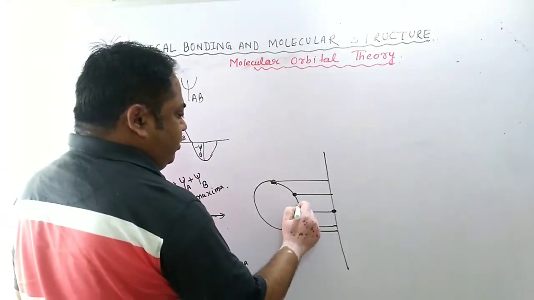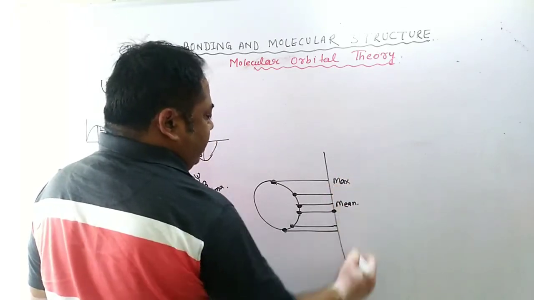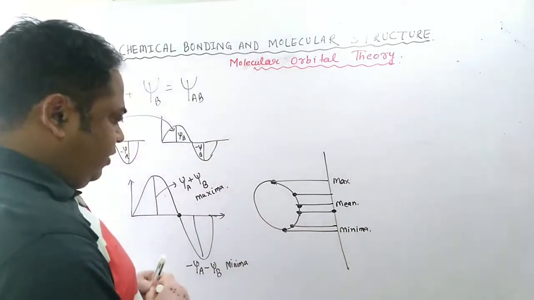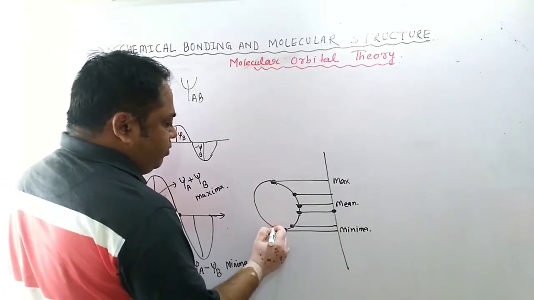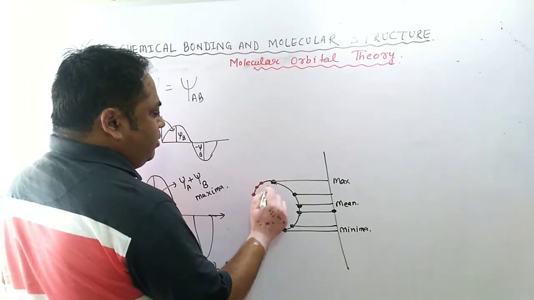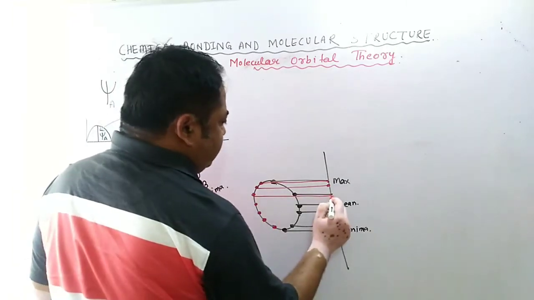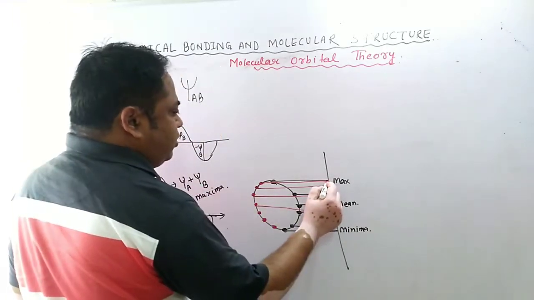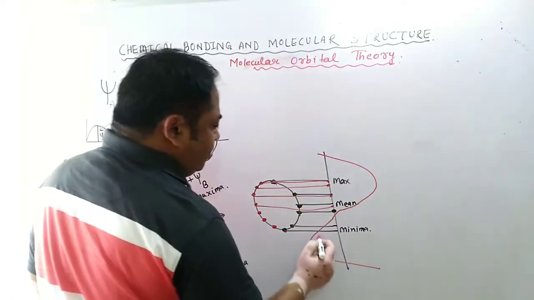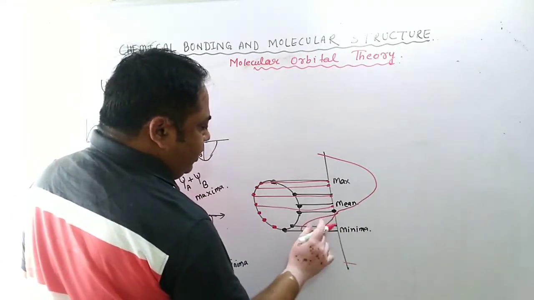So if it is the mean point, and it is maxima, and if it is minima, you will find that even if the electron comes on the other side, these extents cannot be exceeded. The extents will remain the same. So it stays in between the maxima, mean and the minima.